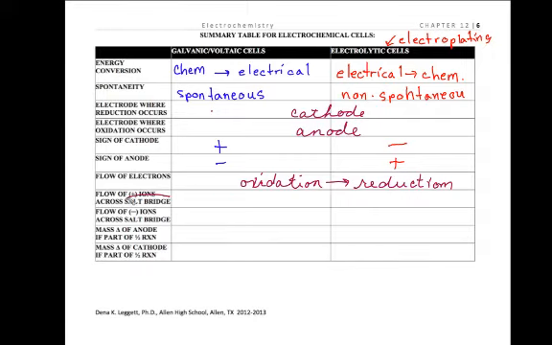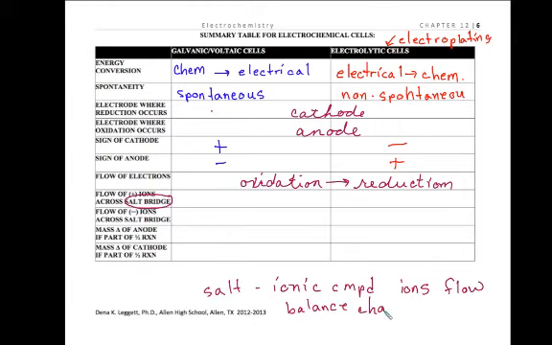Remember the salt bridge. Salts are ionic compounds, and the salt bridge is what allows ions to flow. And it's done to balance charge. This is a review. It's to balance charge. And if you don't have it, the cell will stop.